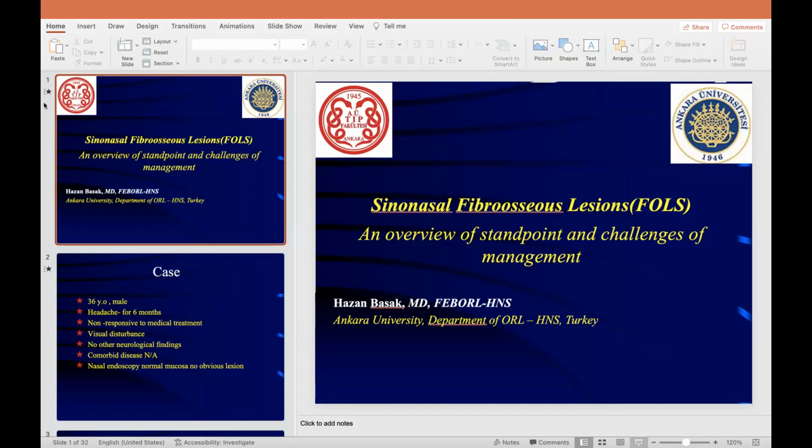If the tumor is growing more than 1 millimeter at a time, then you can consider surgery for that patient. Another thing is, if the patient is asymptomatic but becomes symptomatic in time, then you can also consider surgery. Other than that, in some cases they are asymptomatic, but the tumor is a risk to intracranial or intraorbital structures.